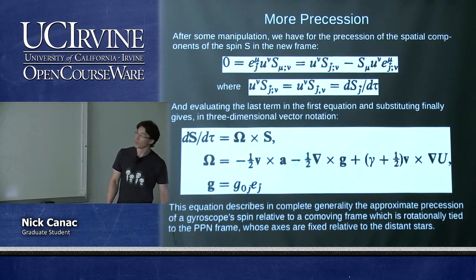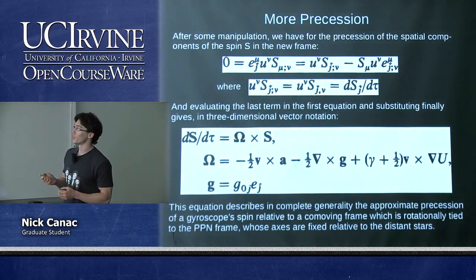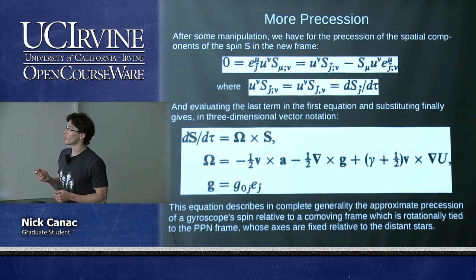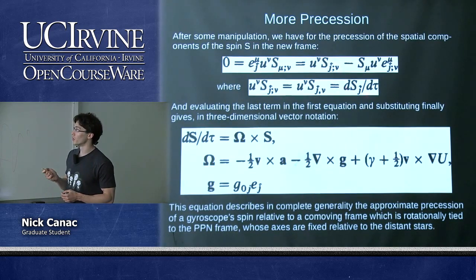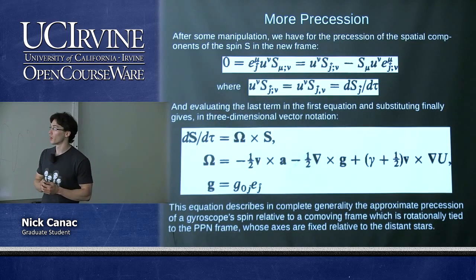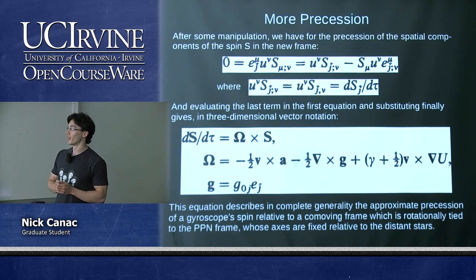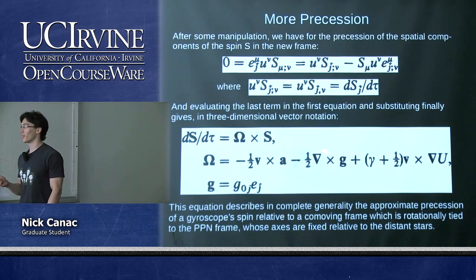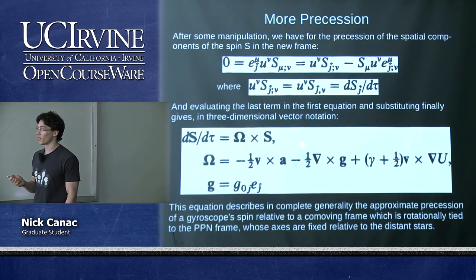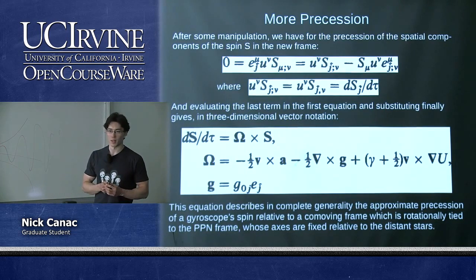Coming from this, you do some manipulations, and what you end up with is that this term is actually equal to the precession with respect to the co-moving frame. And then you evaluate this term, you do some work to do that. And eventually what you end up getting, in terms of three-dimensional vector notation, is this expression where the angular velocity of the spin axis precesses at this rate.